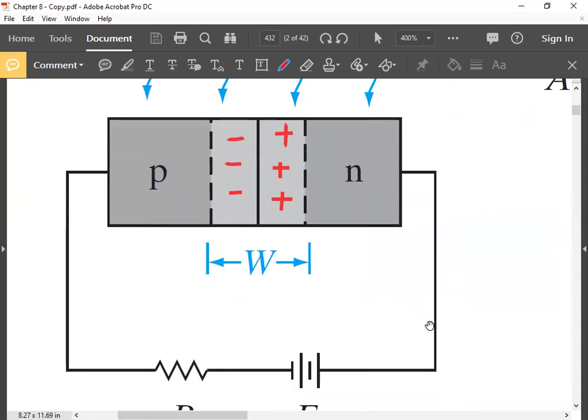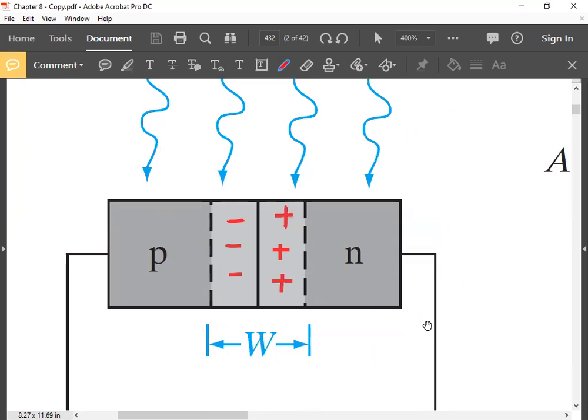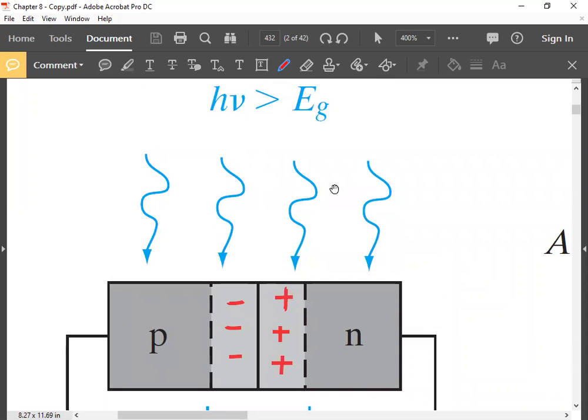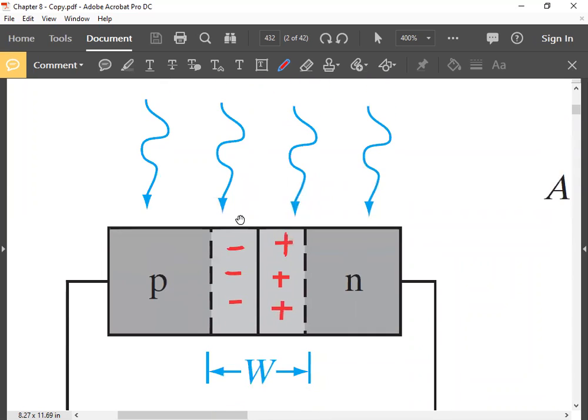This is a PN junction, right? An illuminated PN junction. These are photons, and these photons have energy greater than Eg. Why greater than Eg? Because electrons from the valence band must go to the conduction band. Otherwise, there will be no interaction with photons, right?